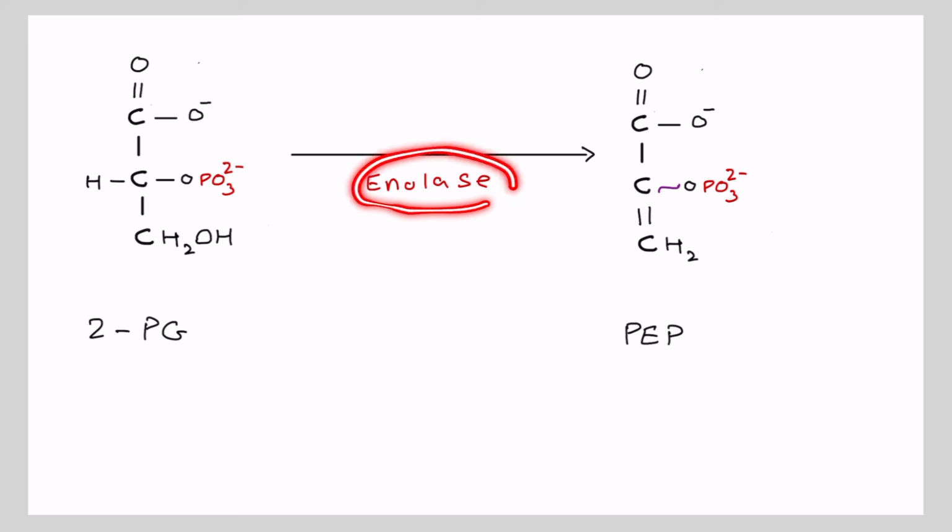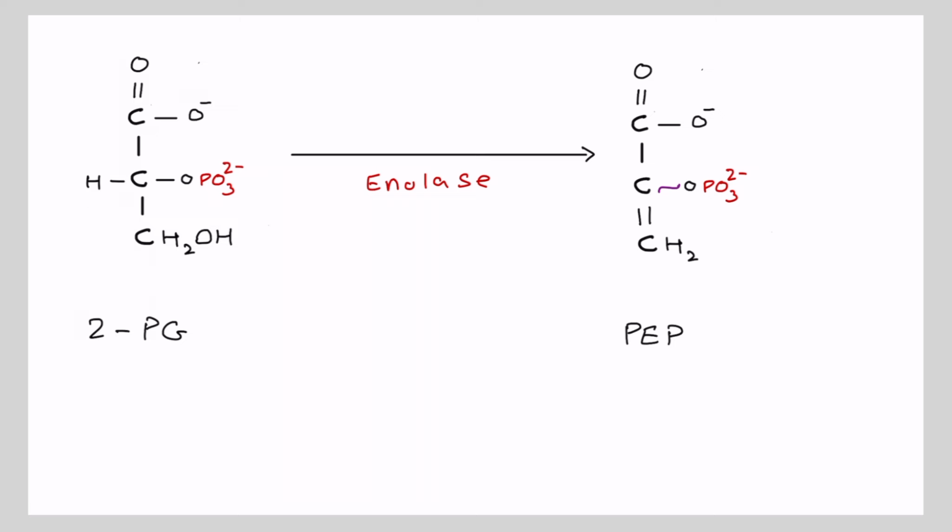That's why the enzyme here is called enolase, and that's why the structure that we have here is called phosphoenol pyruvate, because we have a phosphate enol group. A phosphoenol is happening here because our phosphate is attached to the carbon backbone, which is connected to another carbon with a double bond.